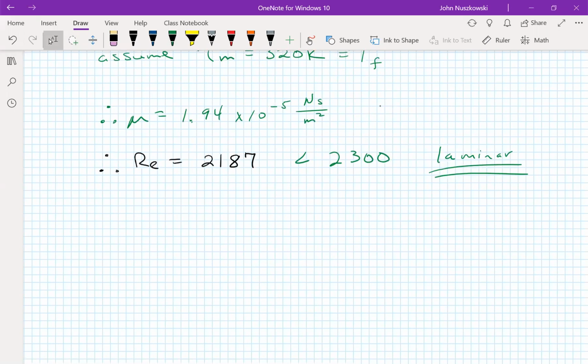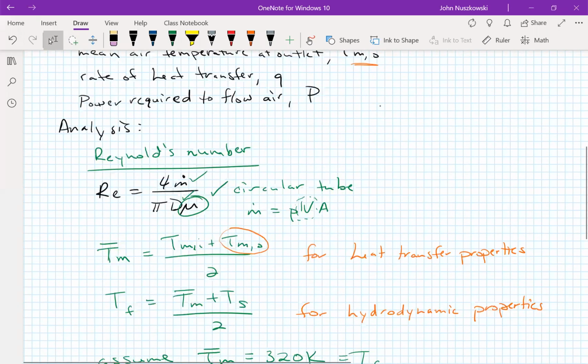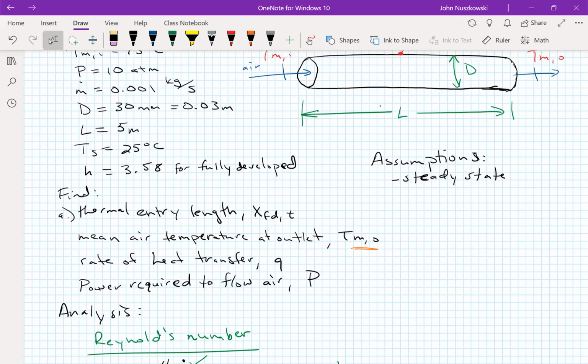All right, so we know whether we're laminar or turbulent. So now what? They're first asking for the thermal entry length, so let's start there.